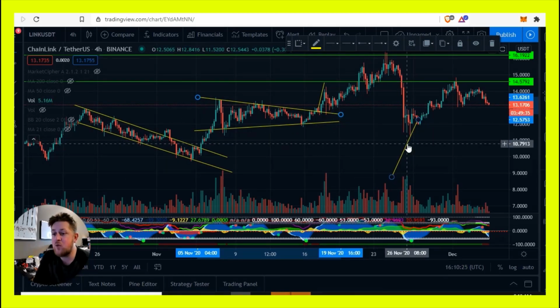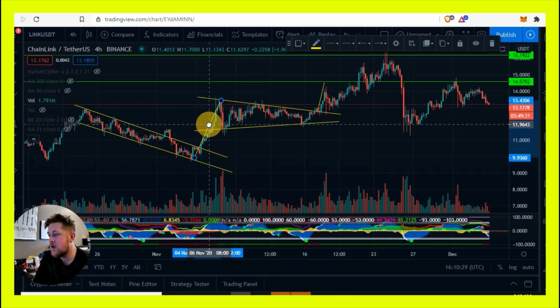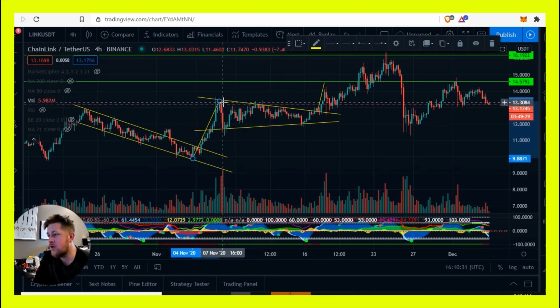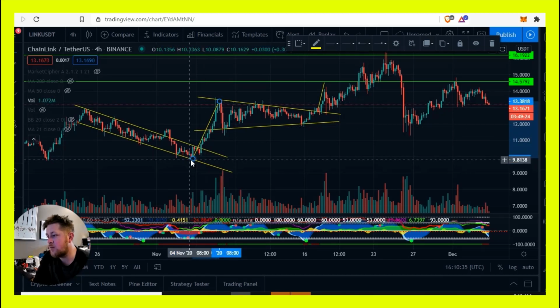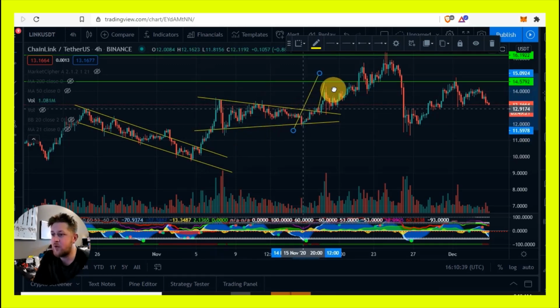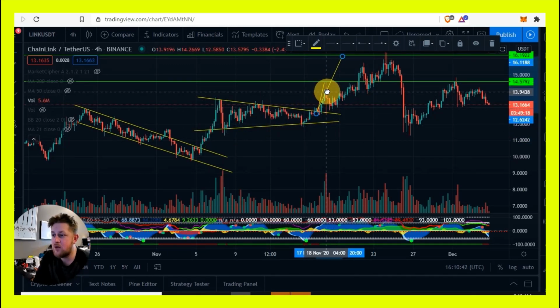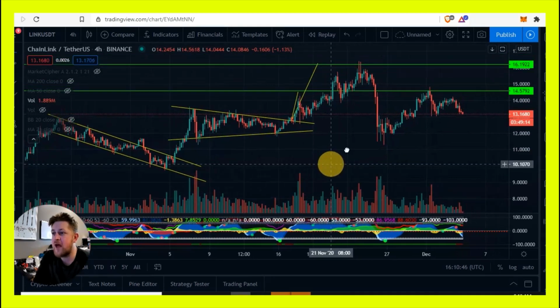And the second way to get a higher target is you draw your trend line from the upper trend line of your bullish pennant to the very low of where it broke out in the trend down below. And then if you were to do that, you would have been almost bang on with that target.